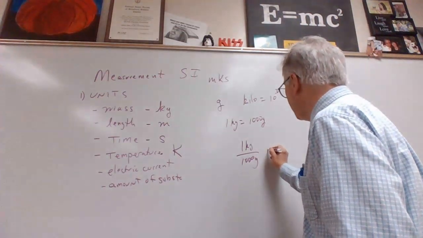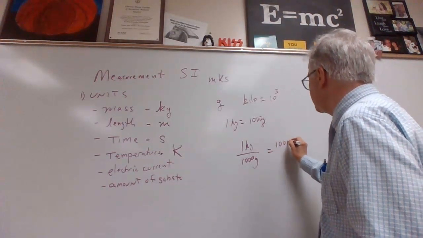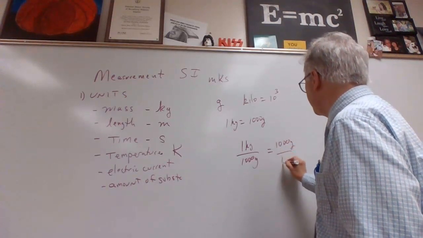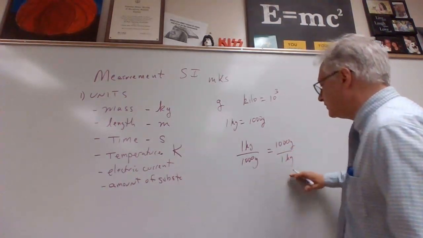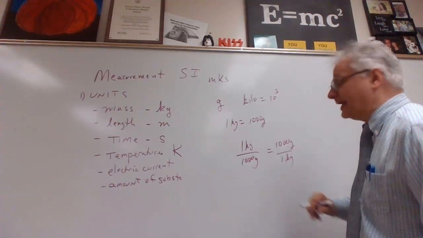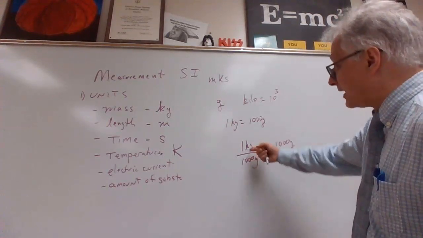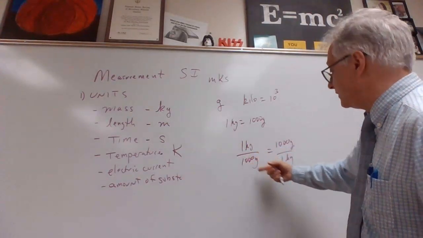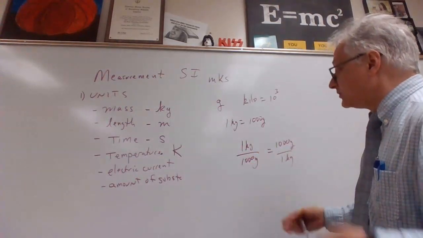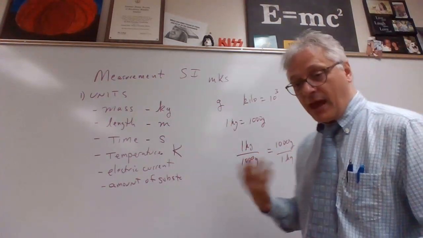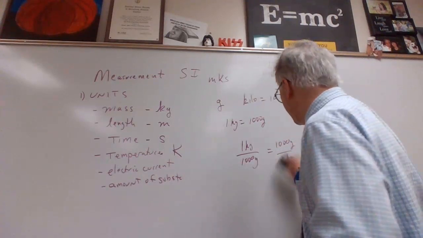Likewise, we can say, well, 1,000 grams is 1 kilogram. So these two quantities are exactly equal to each other, although mathematically this comes out as 1/1,000 and this comes out as 1,000. So let's take a look and see how we can use this.